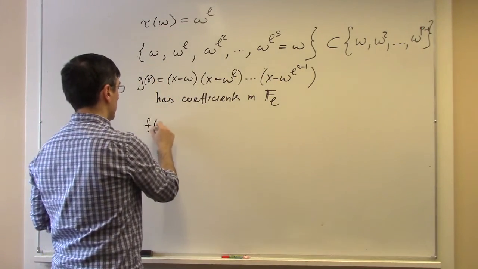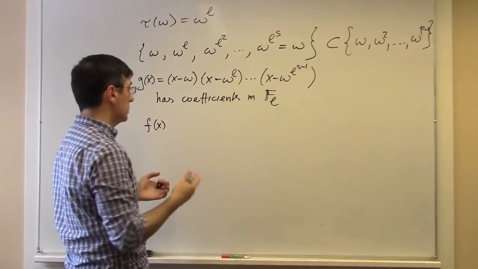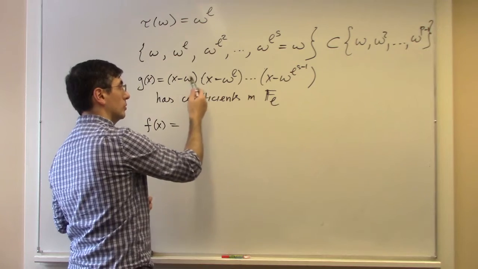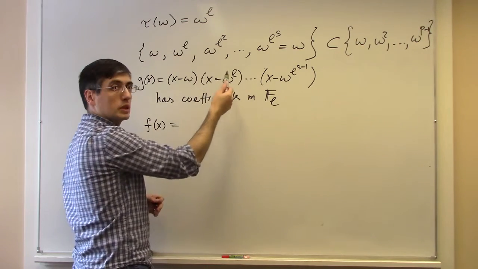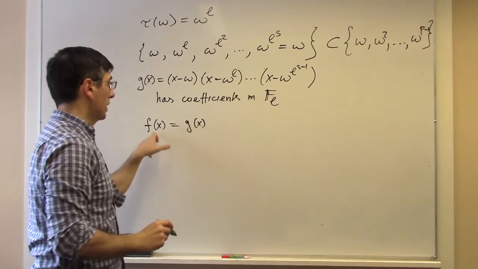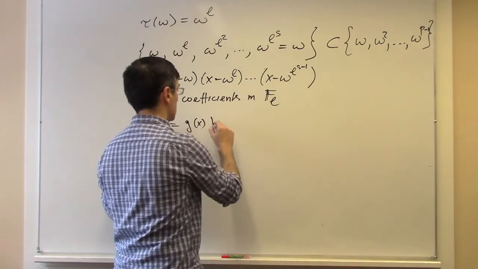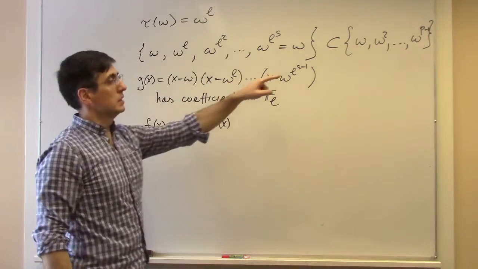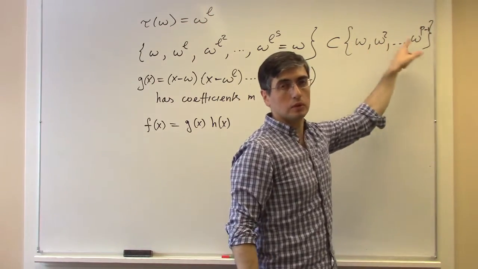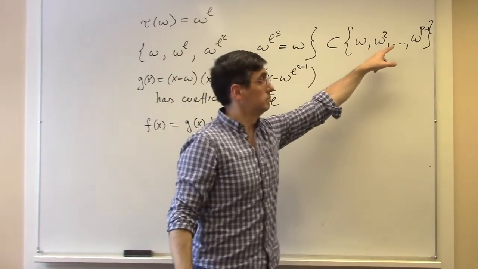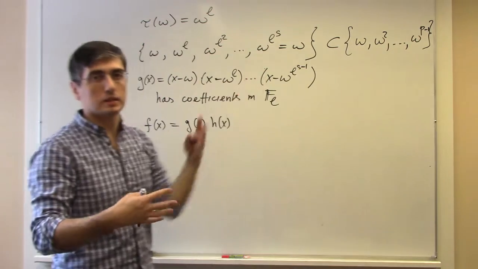So I have this f(x), I had some primitive root, and by using the Frobenius conjugates of this root, I produced an irreducible factor of f(x). And then there is this h(x). Now h(x) has some other primitive p-th root as one of its roots.